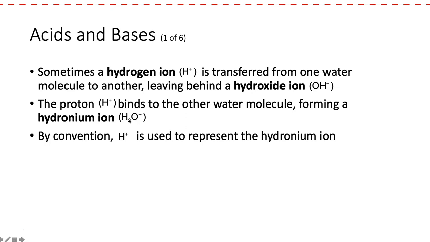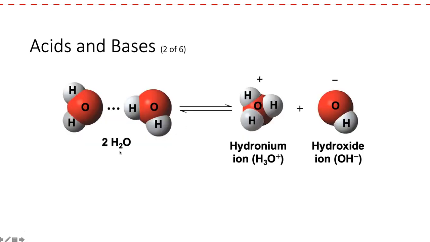Because it's got an extra hydrogen ion, it is in fact an ion itself, and that's what that little plus is for. Conventionally speaking, when we talk about hydronium ions, we actually just use the proton, that symbol right there, H plus. So just be aware of that as we go along.